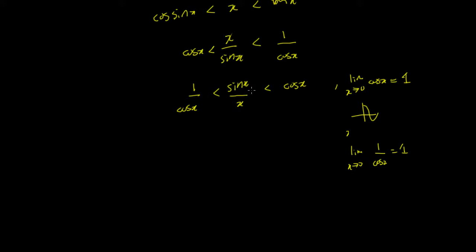So this must also tend to 1. So there you have it, sin x upon x, the limit as x tends to 0 of that is going to actually equal 1.